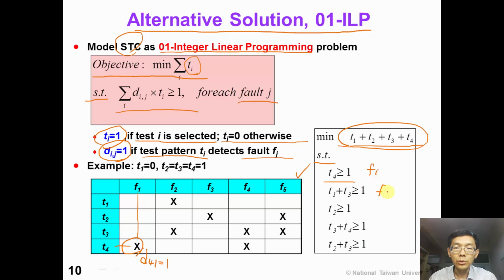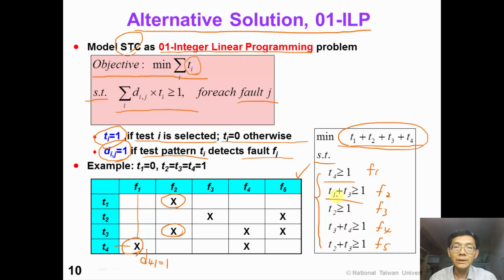For F2, we can either select T1 or T3. So T1 plus T3 must be greater or equal to 1. We can do the same thing for F3, F4, and F5. So we have a total of 5 constraints.